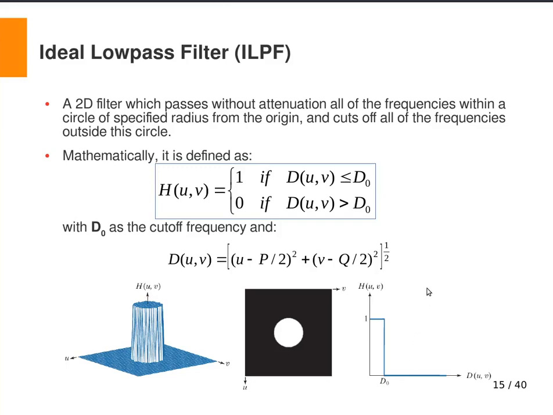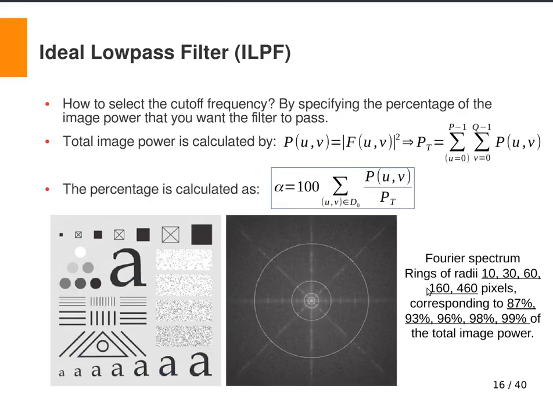So now the question becomes how we can select the cutoff frequency, and that has to do with the specific application. One way is to specify the percentage of the image power that you want the filter to pass. To calculate the total image power, we basically sum up all the Fourier spectrum components squared.